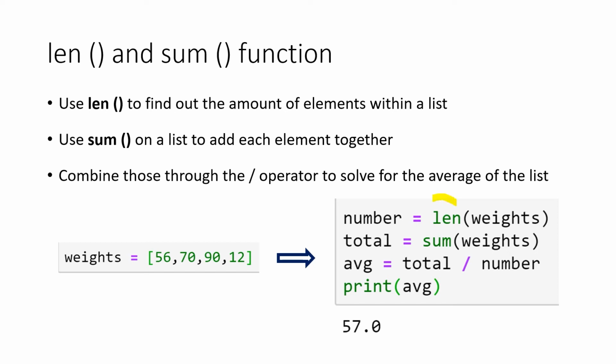So first, the len function counts the elements within a list. After that, we apply the sum function to weights to get the total of all those elements added together. And then in the end, we can just divide our 2 newly created variables to get our new variable, which is average. And the average would be for weights, in this case, 57. So that's another way how you can apply very basic functions to lists.